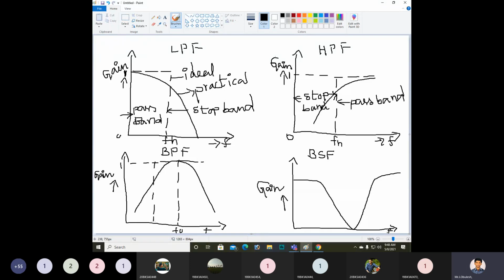So this is the low frequency FL, this is the high frequency FH.